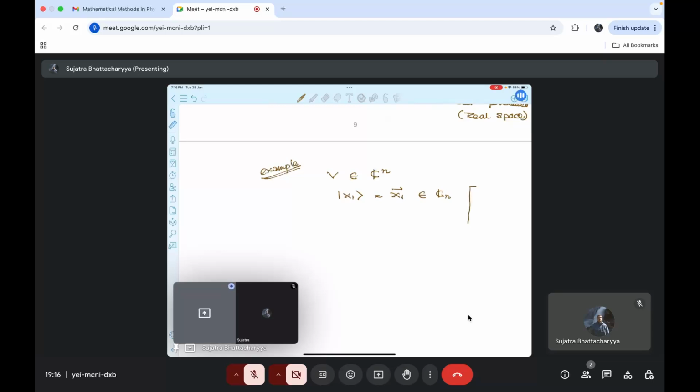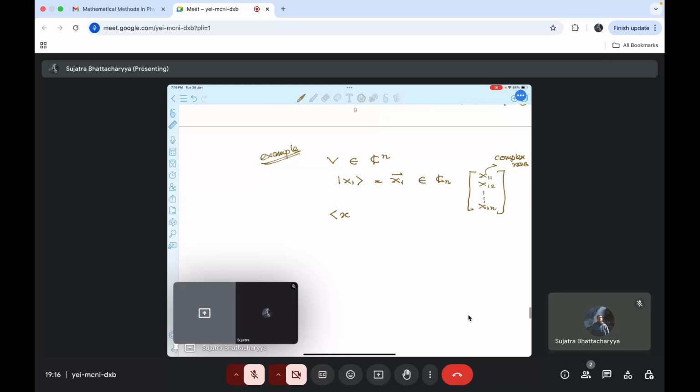It will be the same, x11, x12, so on up to x1n, but they are all complex numbers. Now the linear transformation x1 will be a linear transformation from Cn to C1. Again it will be a scalar, but a complex scalar, a complex number.